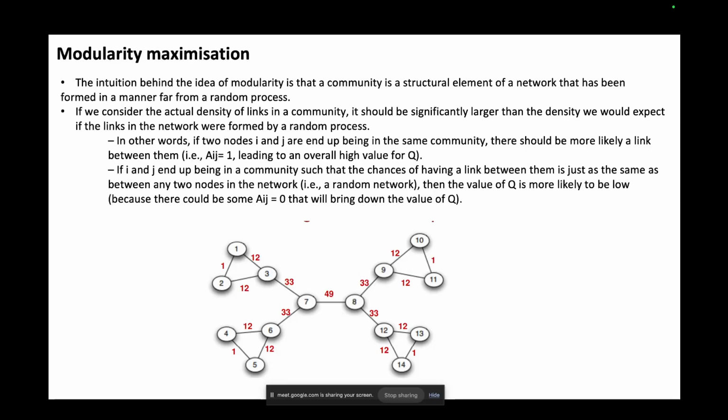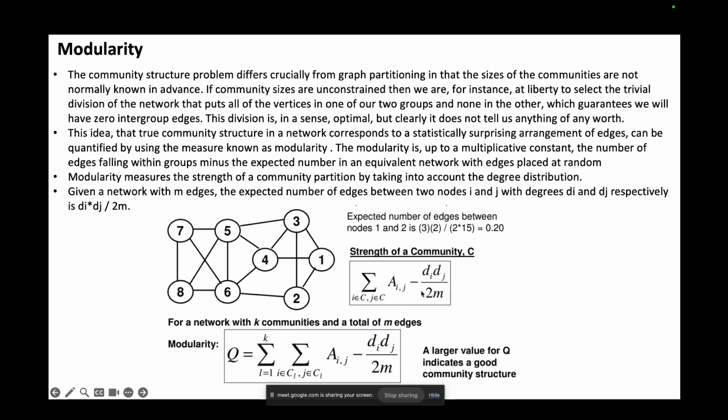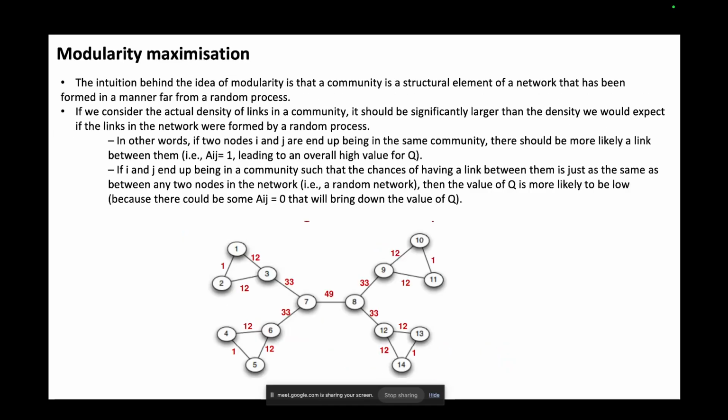And if you consider the actual density of the links in a community, it should be significantly larger than the density you would expect if the links in the network were formed by random processes. That is the idea of modularity, right? So this part of the equation tells you the number of expected edges that can be formed if it was formed at random.